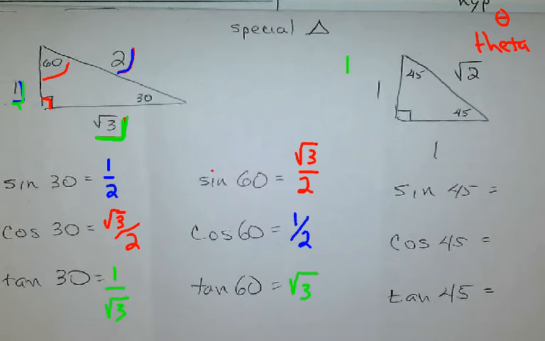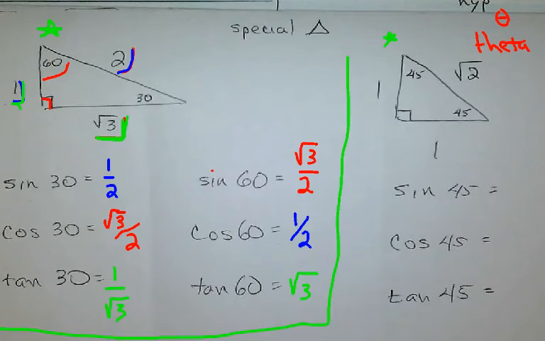So these two answers came from this triangle right here. This special triangle gives us 30 and gives us 60. This other special triangle is going to give us 45. So we need to know this triangle as well, right? So look at this one.